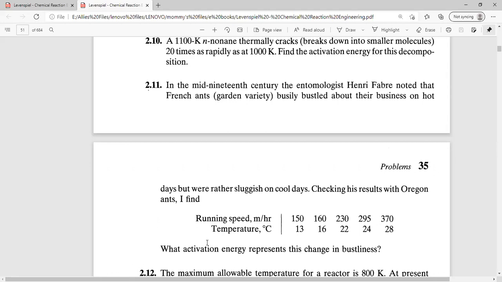You're given speed. It doesn't talk about reaction rates, but in principle you can still apply the rates of reaction here, specifically the Arrhenius theory. Does anyone have any idea how we are going to go about determining the solution to this?